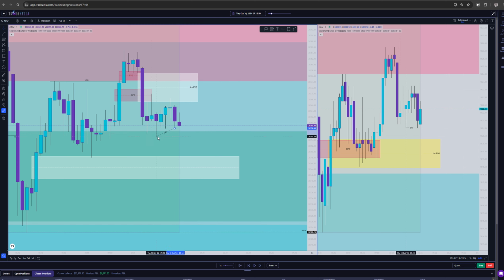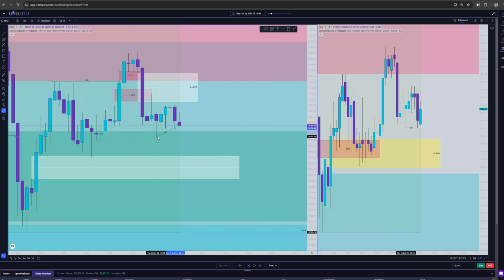Okay, we have more SMT right here. SMTs, SMTs. This one is going to eventually invert it. It does have equal highs up here.